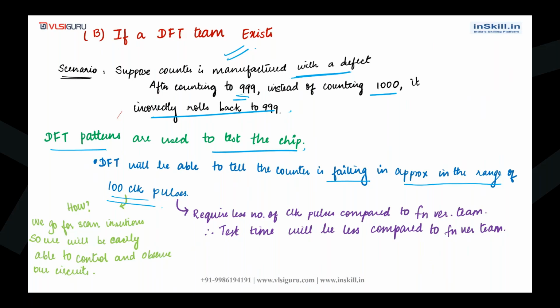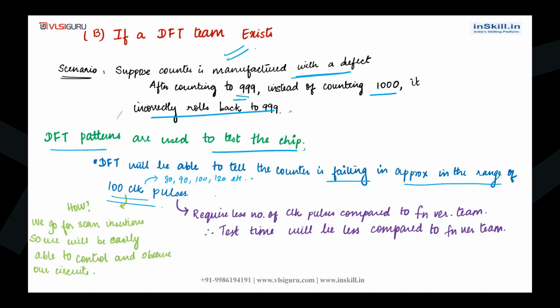In the range of 100 clock pulses means somewhere around 80, 90, 100, 120, like that.